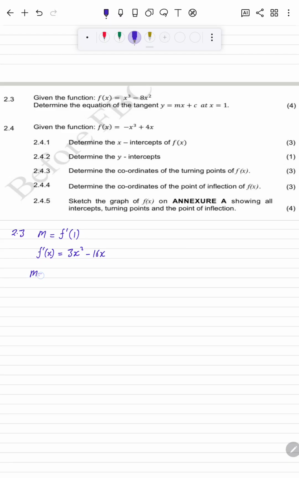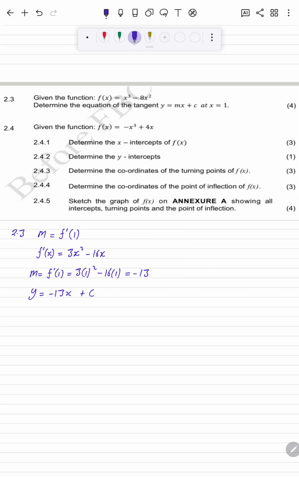And then for you to get m, you have to replace x by 1. So that's going to be 3 squared minus 16 times 1, which is minus 13. So it means that our function updated is going to be minus 13x plus c, because we know y equals mx plus c.